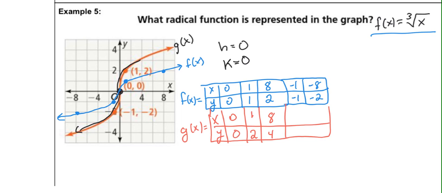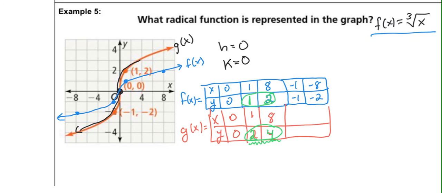So what we want to do is look at our y values, right? So we want to find out what our original f of x y values were multiplied by to get these g of x y values. Well, obviously you can see 1 times 2 gives me 2, and this 2 times 2 gives me 4.